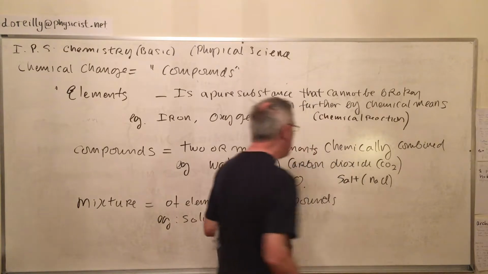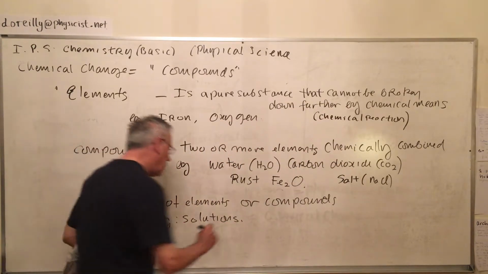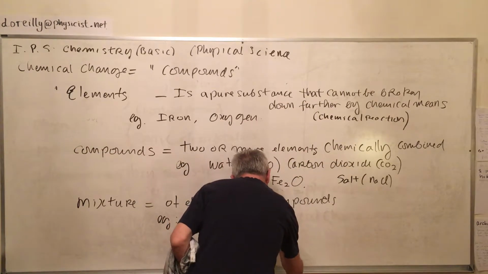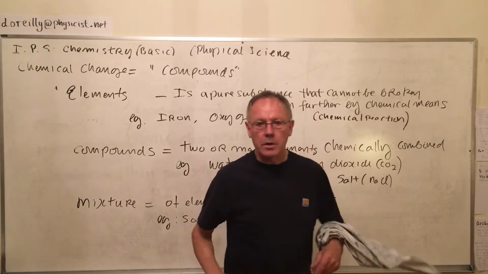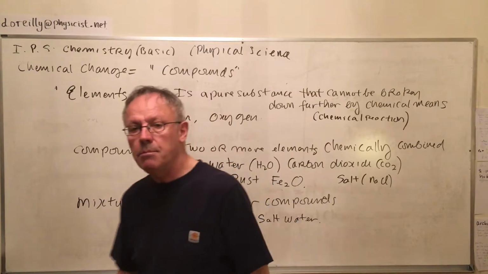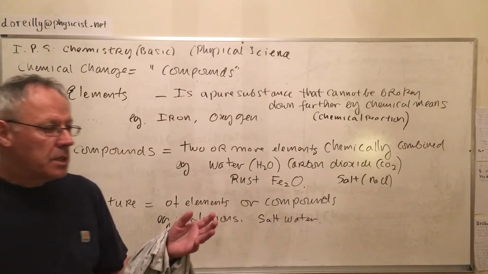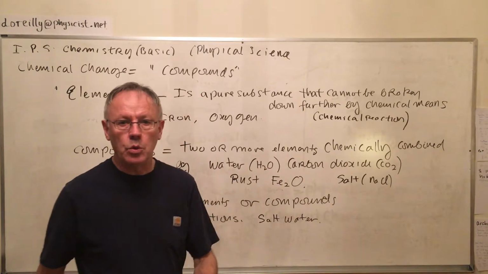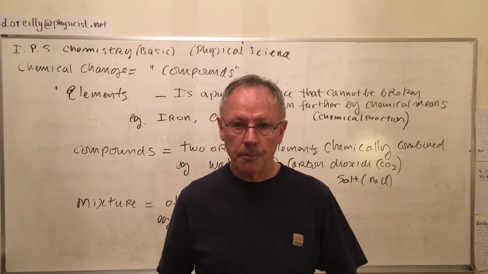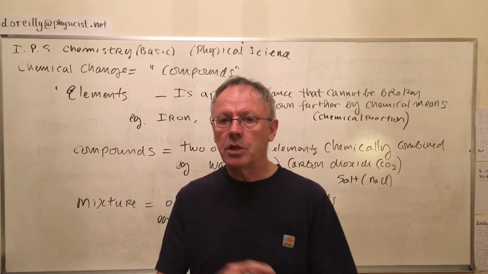Sodium and chlorine combined, and a solution could be seawater, salt water. That's a solution. It's a mixture. The water and the salt do not chemically combine, but they make a more homogeneous mixture than stones or sand in water. Another example of a mixture could be two solids.